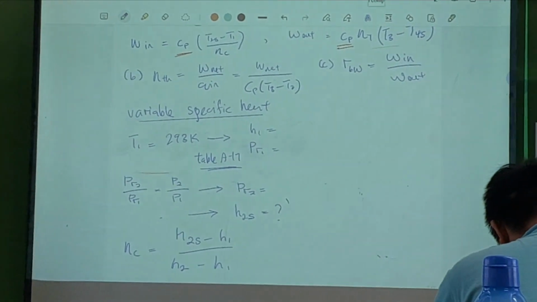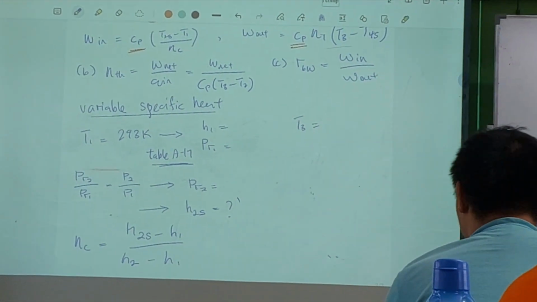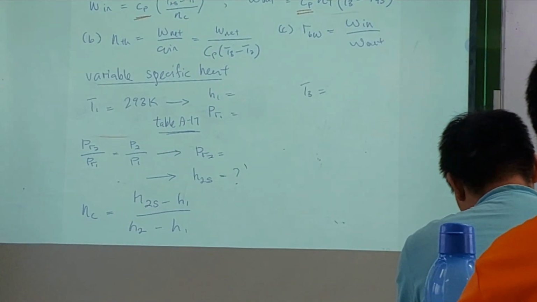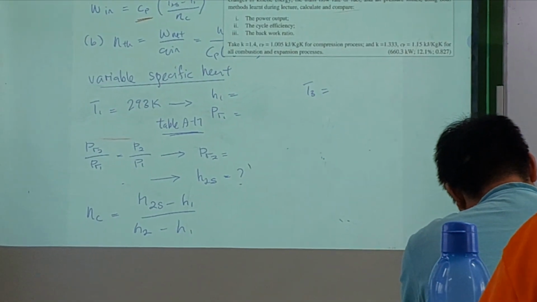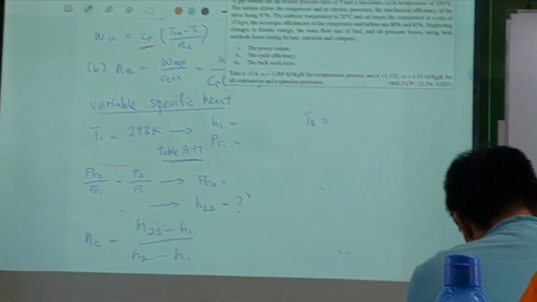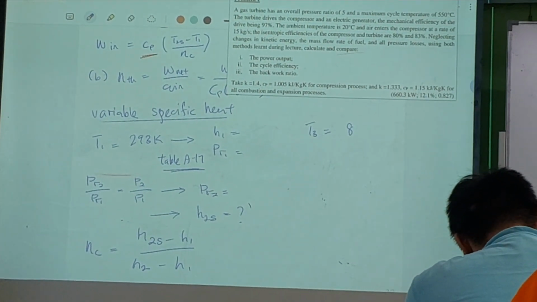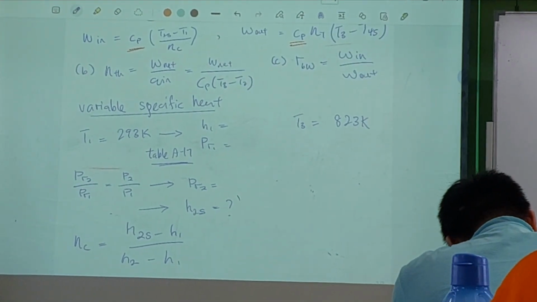Then process 3 to 4 is also the same thing. So you need to repeat for T3 and T4, converting to Kelvin. Similarly, you still need to interpolate.